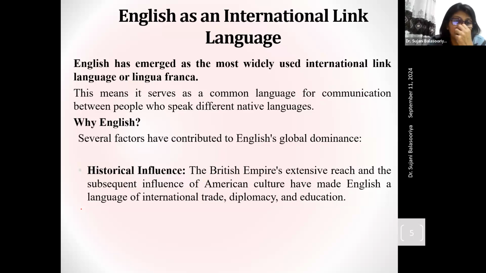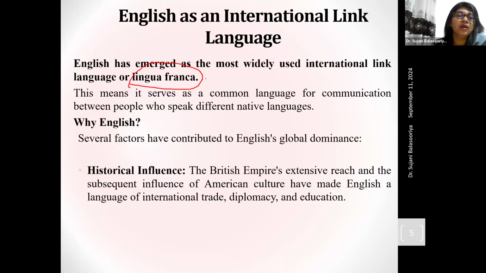Now you must have heard this term as well, I think. Lingua franca. Whenever you talk about the role of English as an international language, this is a very frequent term. Does anybody here know what you mean by lingua franca, if the word is familiar to you?